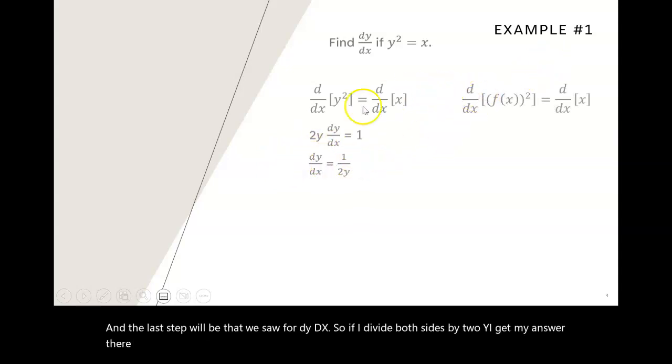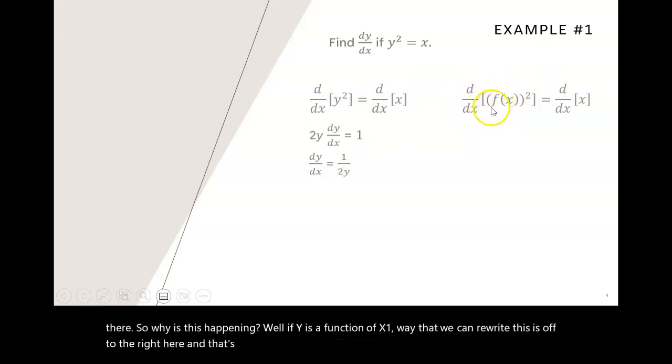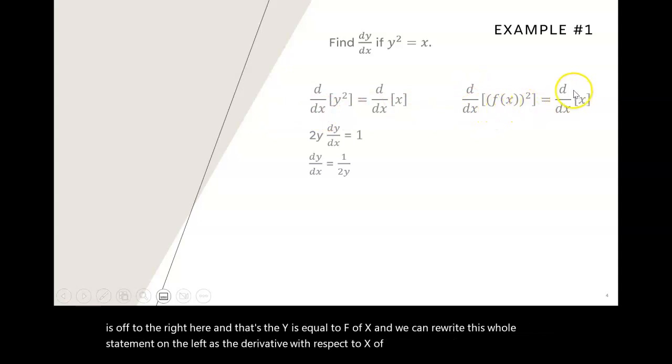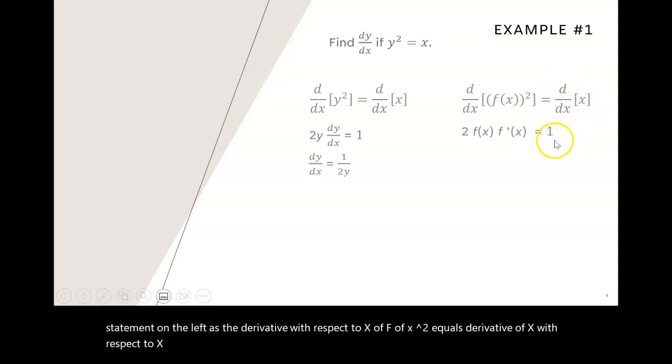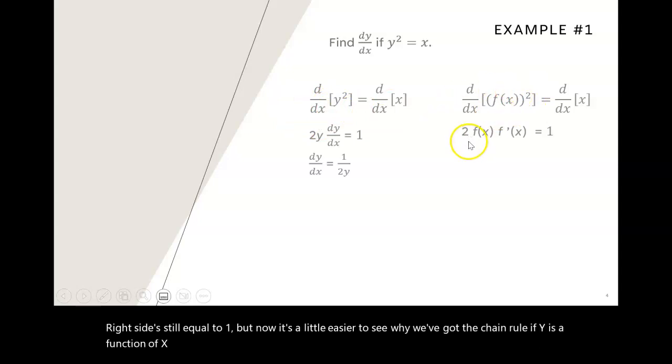So why is this happening? Well, if y is a function of x, one way that we can rewrite this is off to the right here, and that's y is equal to f of x. And we can rewrite this whole statement on the left as the derivative with respect to x of f of x squared equals the derivative of x with respect to x. The right side is still equal to 1, but now it's a little easier to see why we've got the chain rule. If y is a function of x, this derivative is just 2 times f of x times f prime of x.